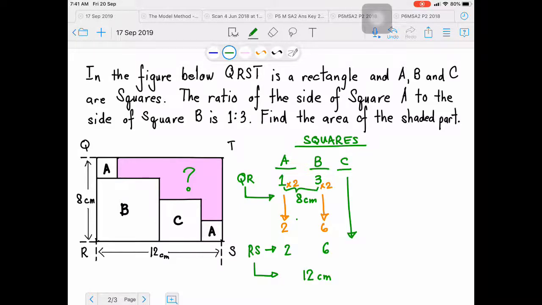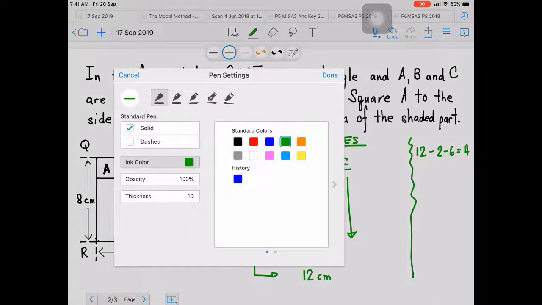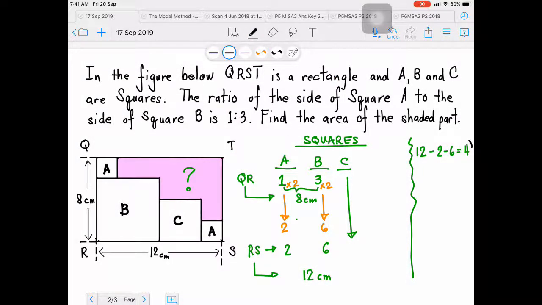The length of the side of square C is the difference of 12 minus 2 and minus 6, which is 4. Therefore, the side of square C is 4 centimeters.